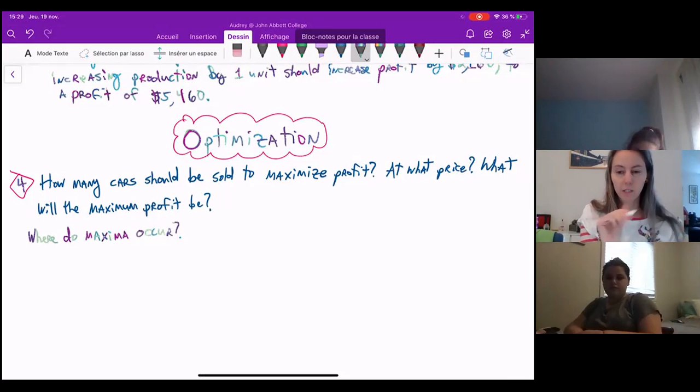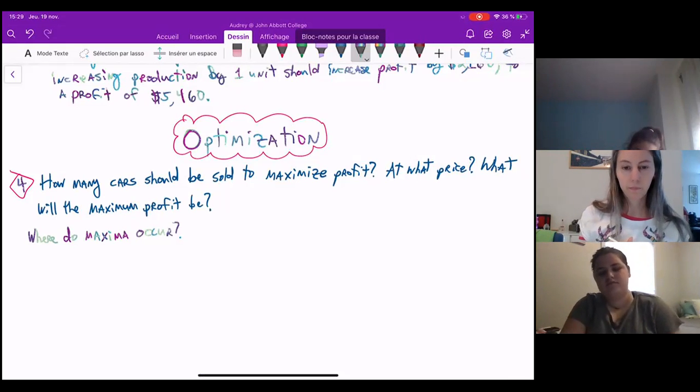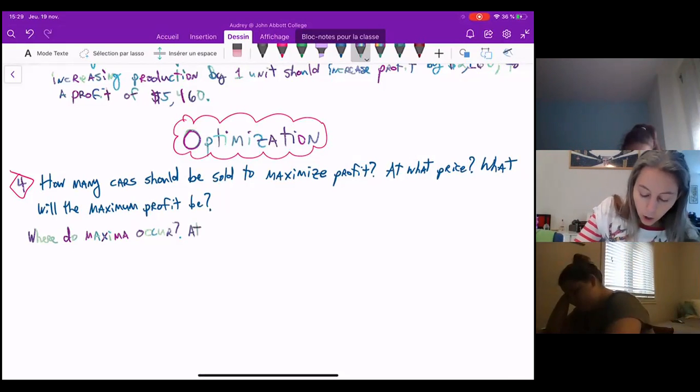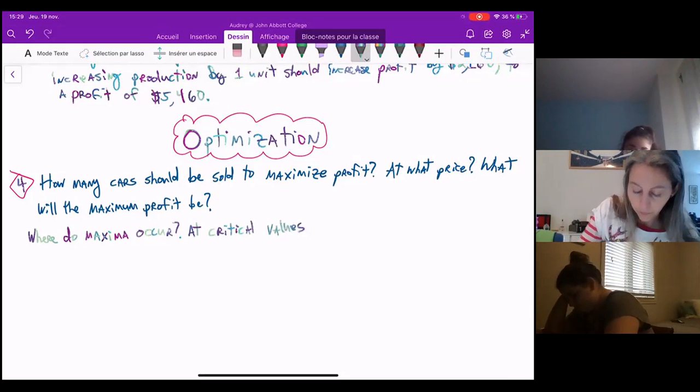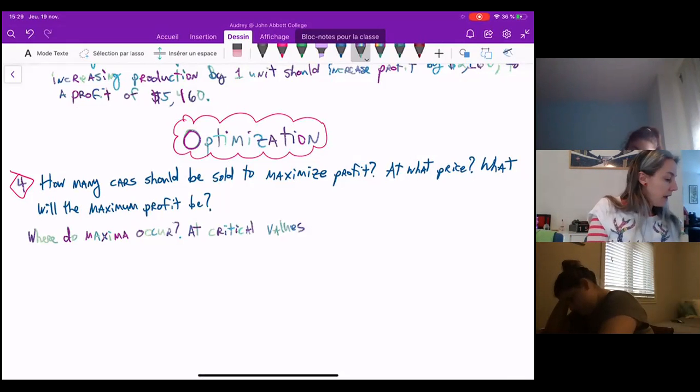What's the name of the places where they happen? Critical values, good job. So maxima occur at critical values. So the thing that we're going to start off doing here is finding our critical values.